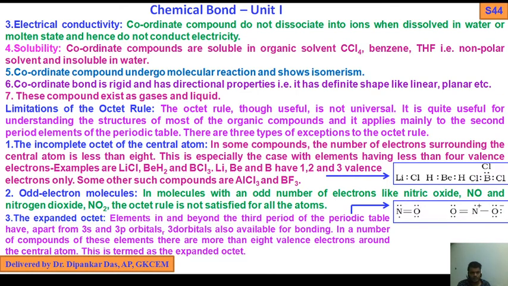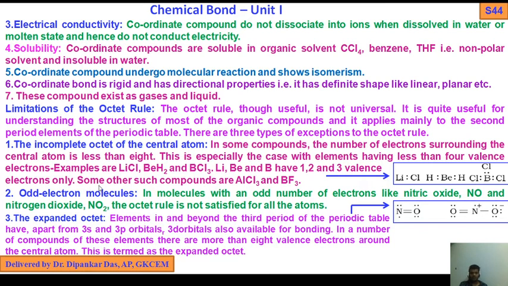First one, the incomplete octet of the central atom. In some compounds, the number of electrons surrounding the central atom is less than 8. This is especially the case with elements having fewer than 4 valence electrons.